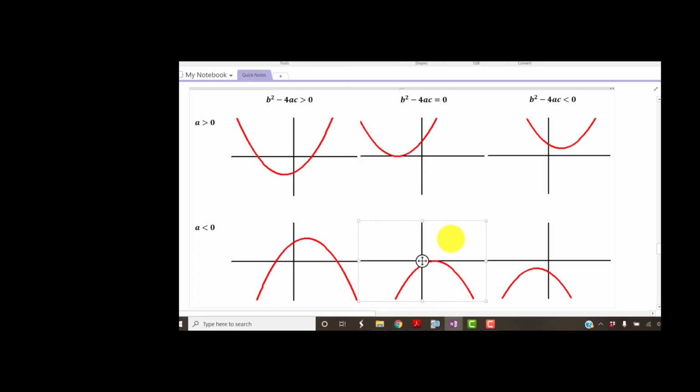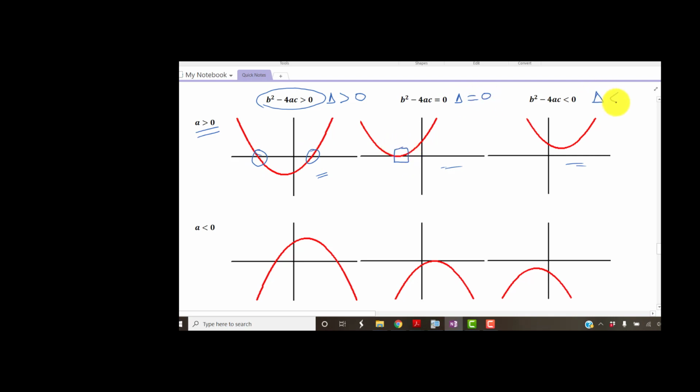Let's check it out. Okay, so you see right here in this table, you have the various results. In this first row, a is positive, so all of my parabolas are concave up. In this case, b squared minus 4ac, the discriminant, delta, is above 0, so I have two x-intercepts. In this case, delta is equal to 0, so I only have one x-intercept.